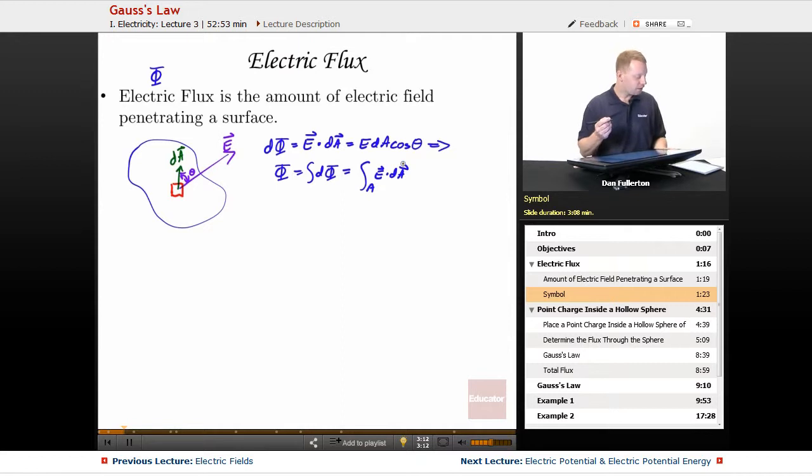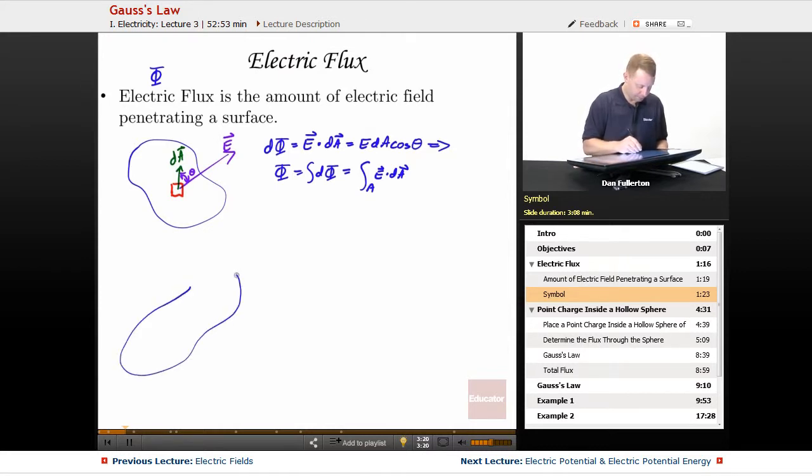So, what happens if you have a closed surface instead of just this open surface? Well, let's draw a closed surface. Something like that, and you'll have to try and picture that in 3D because my drawing skills are poor at best.